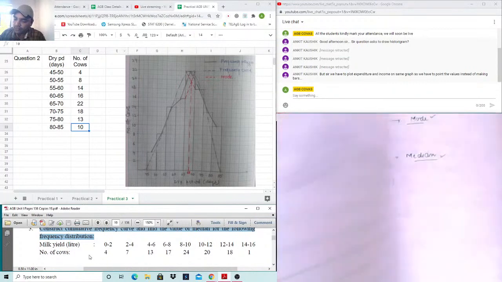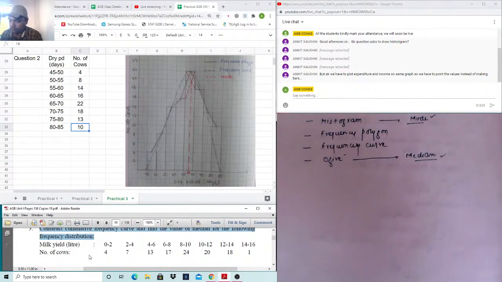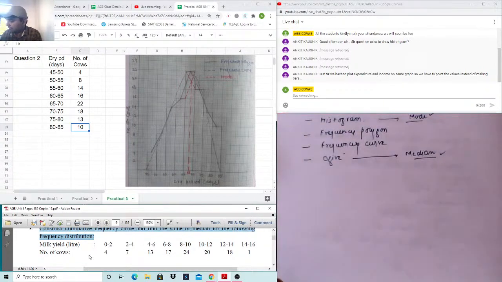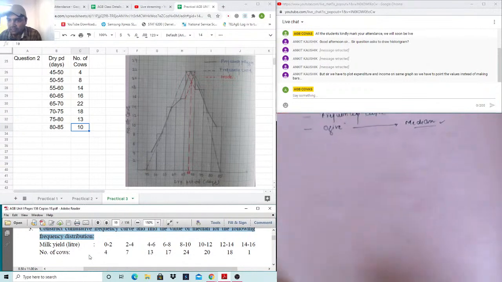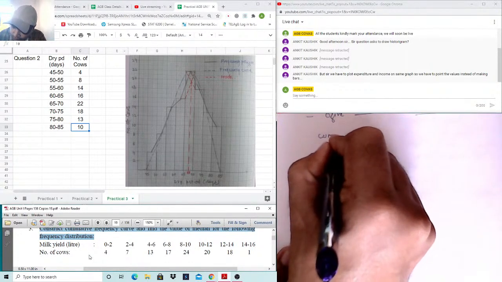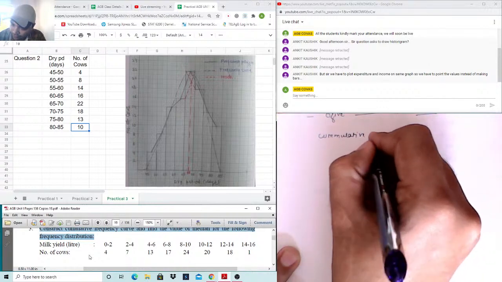So again, in this question, before doing it we need to do certain calculations, and those calculations are needed when we are making this cumulative frequency curve.